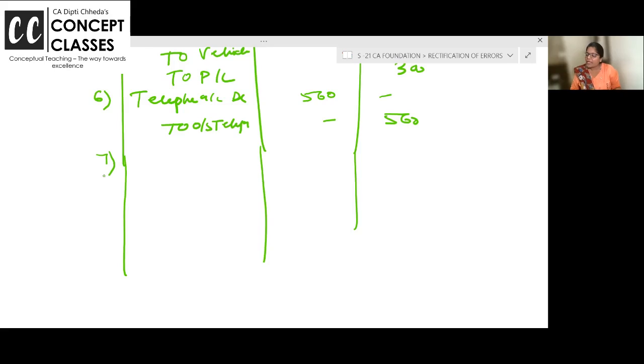Bad debt of 1560 has not been written off and provision for doubtful debts. Mark this entry, very important. Put a star on it, 5 stars, KitKat, Dairy Milk, feed everything. A bad debt of 1560 has not been written off.